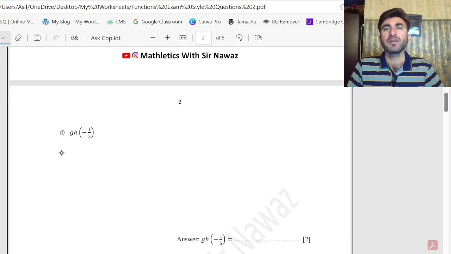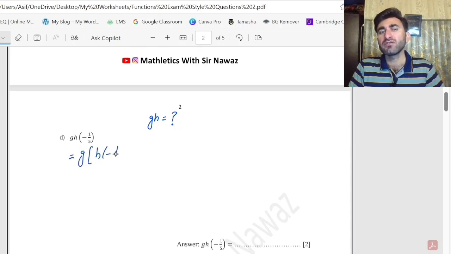Coming to part D, it states gh of minus 1 upon 5, and here we do not need to find the composition gh of x first. We can do it by finding h of minus 1 upon 5 first, and then we can replace the value in function g.